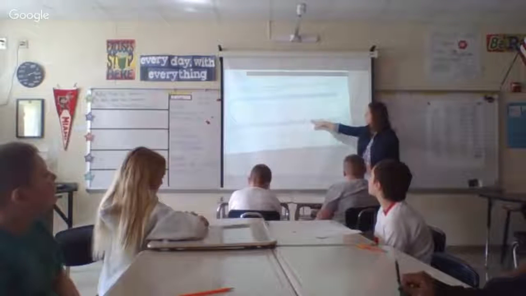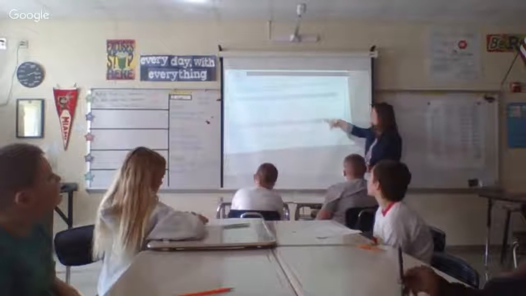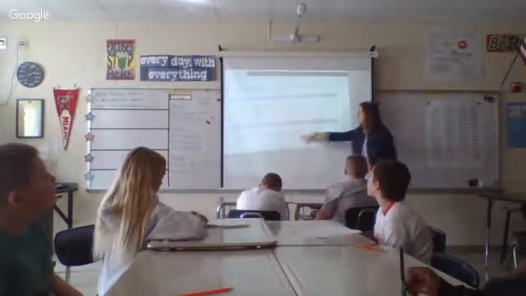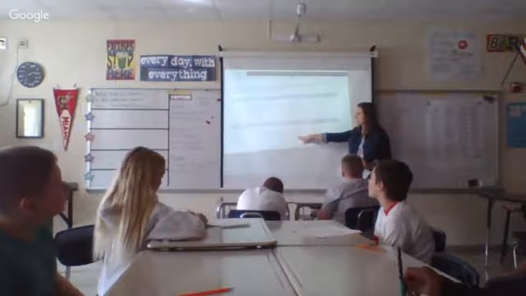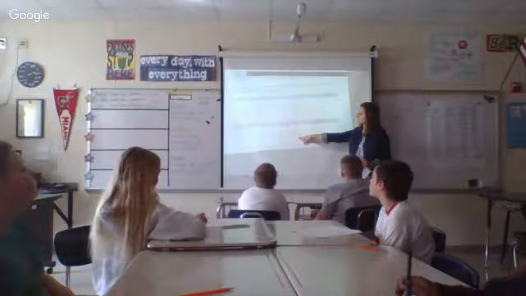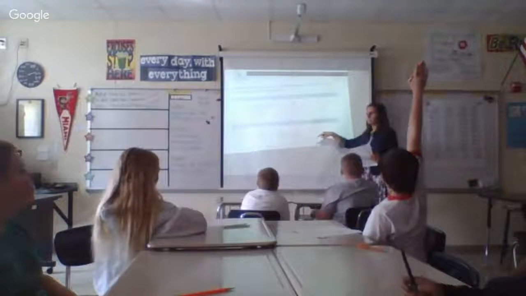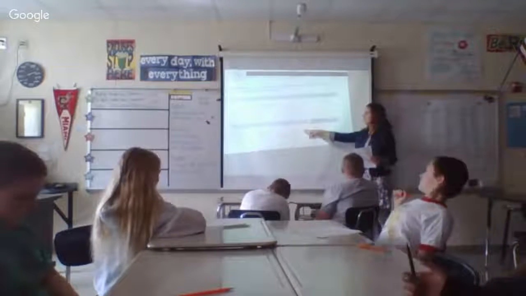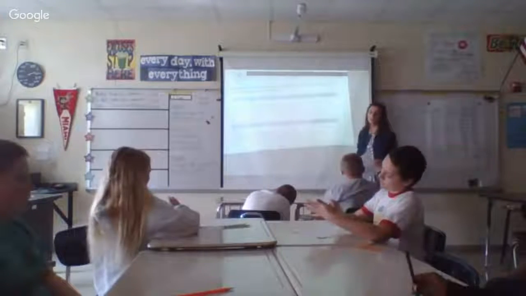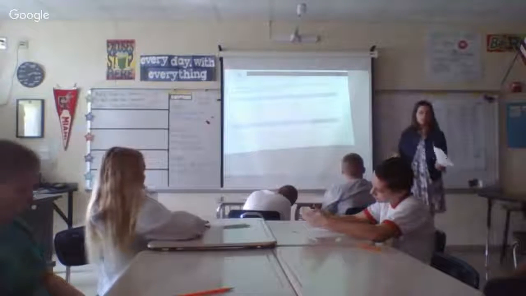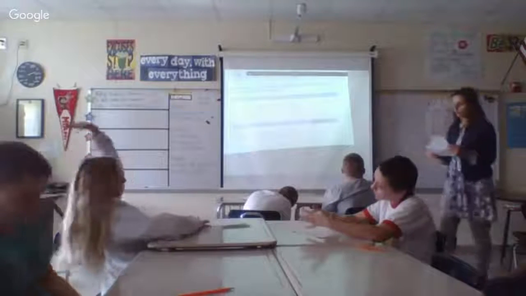Student 1 gets 1/6 plus 1/6. What does this need to change to? Someone want to help her out? 2/6, which is 1 1/3, right? So each student gets 1 1/3.